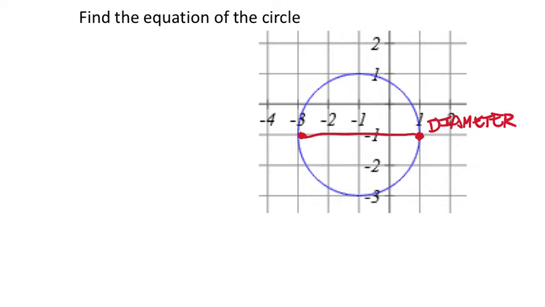Some of you may not need the diameter, and if you don't, that's fine as well. But I'm using the diameter just because it's something that we can verify without having to think about where the center is. But now that I have it, I just need to cut that in half. So I see that the diameter is 1, 2, 3, 4 boxes. So the middle mark right there is the center.